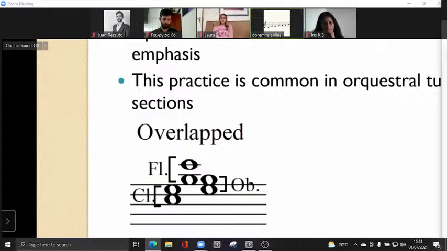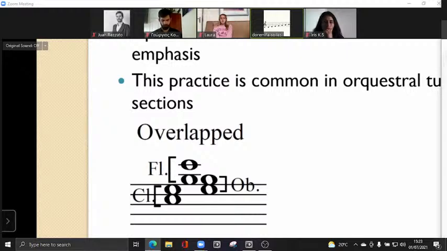And then we have the oboe and the flutes playing the note G. They are in that register, they can be balanced, okay. And at the top we have the flute.